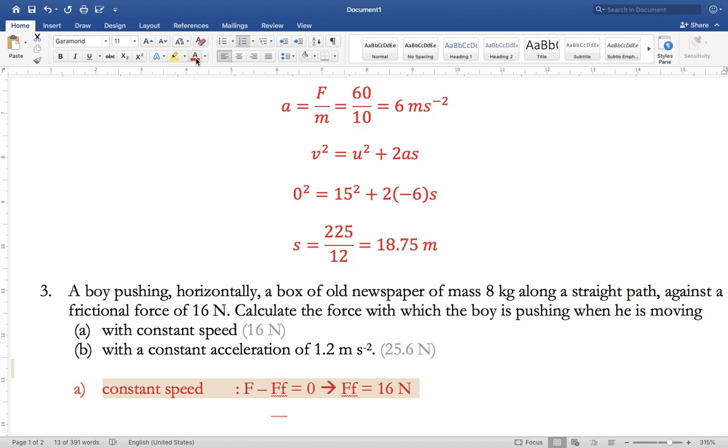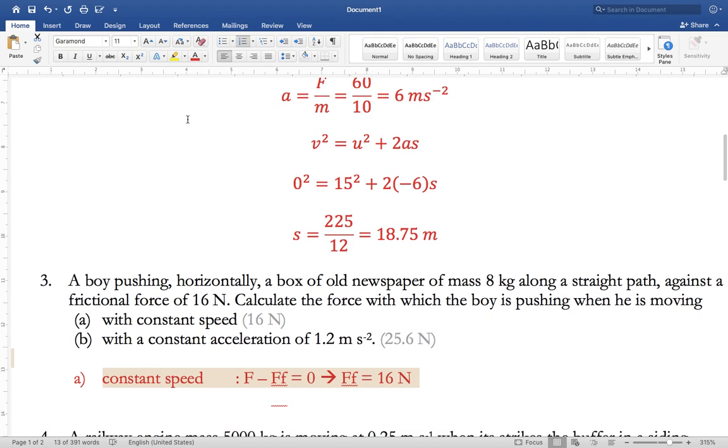Then 16 is the frictional force, so the force equals 16, the same as the frictional force. How about B, with the constant acceleration of 1.2 meter second minus 2? Ta-da! We see the answer of B.